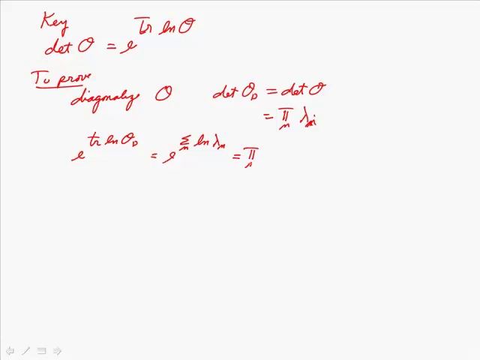This is the product over all n of e to the log lambda n, which is then the product of all n lambda n, which is then the determinant. So we can take the determinant and write it in this fancy form of e to the trace log.